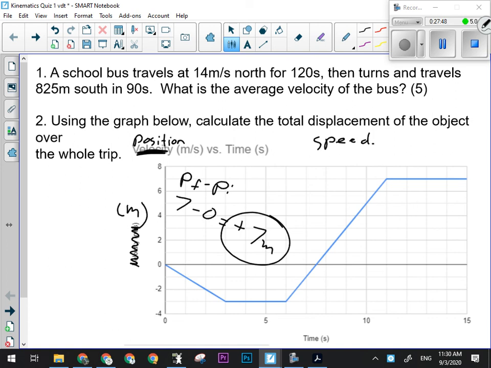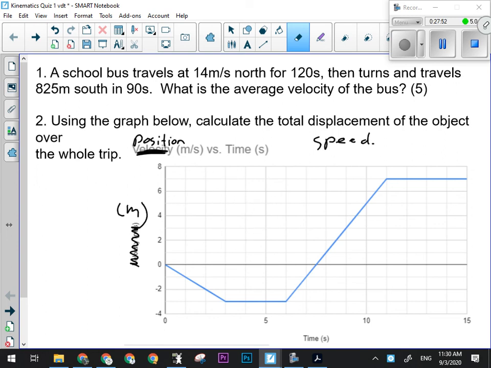In order to find the speed, I need total distance and total time. Total time is easy, it's 15 seconds. Just read that off the graph, but the distance is different. Now I have to figure out how far it goes in each section of the graph. In this first section, even though it went backwards, it still went somewhere, it goes 3 meters.